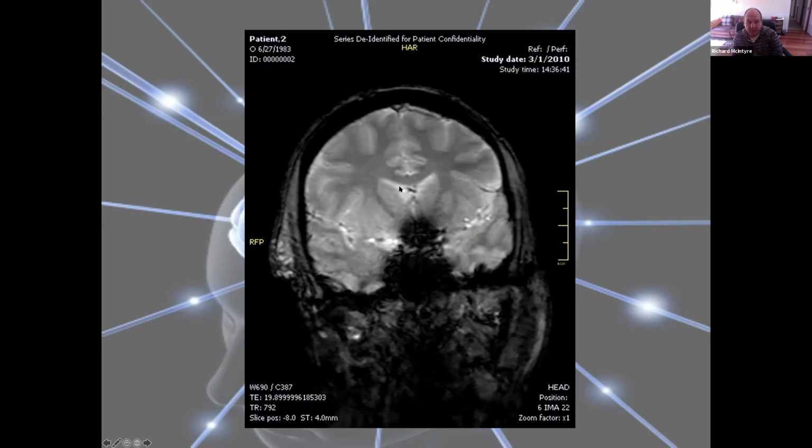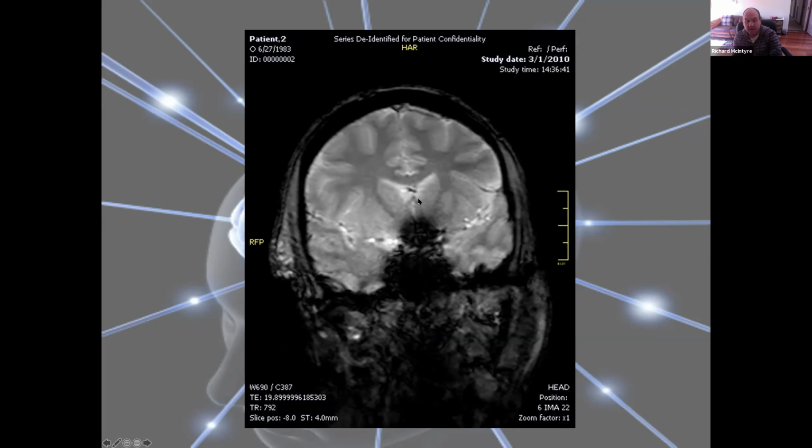So we can see the ventricles are bright. Coronal T1. You got 1 out of 2. So it's a coronal. Oh, coronal T2. Perfect. Okay, so it's a T2 scan because the ventricles are bright.